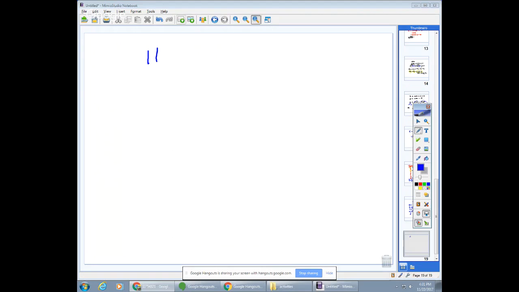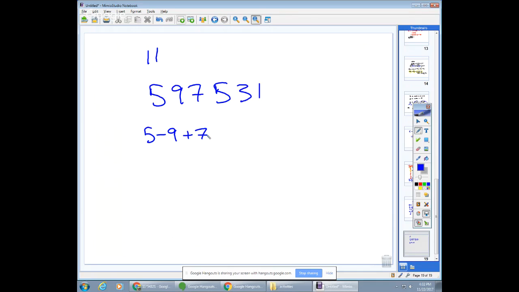Okay, so let's take 597,531. Here's the trick: you alternately add and subtract the digits. Like with 3, we add the digits. So I start with 5, and then I subtract 9. I add 7 and subtract 5. And I add 3 and subtract 1.